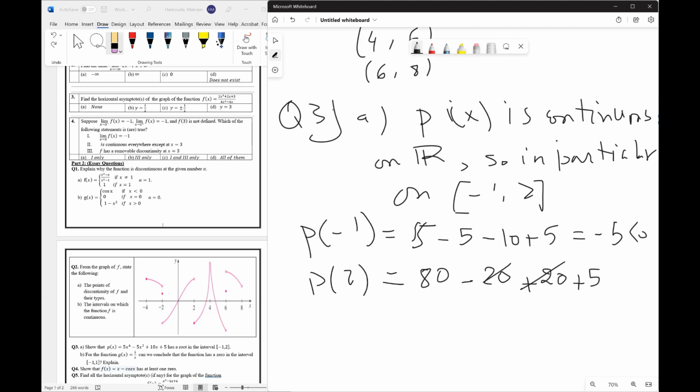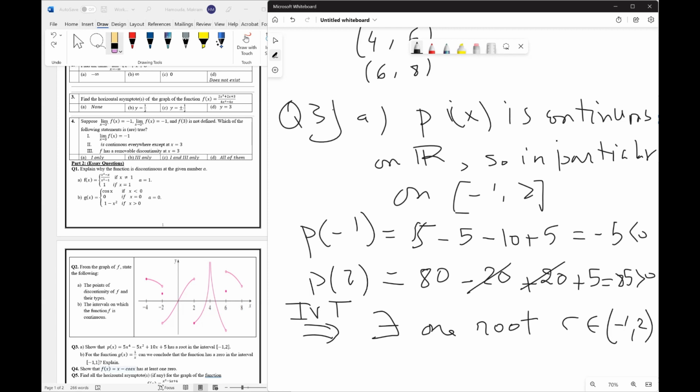So this gives 85, which is positive. So one is negative, one is positive. With continuity, we apply the IVT. There exists at least one root t, which belongs to the open interval minus 1, 2, such that p of t is equal to 0.